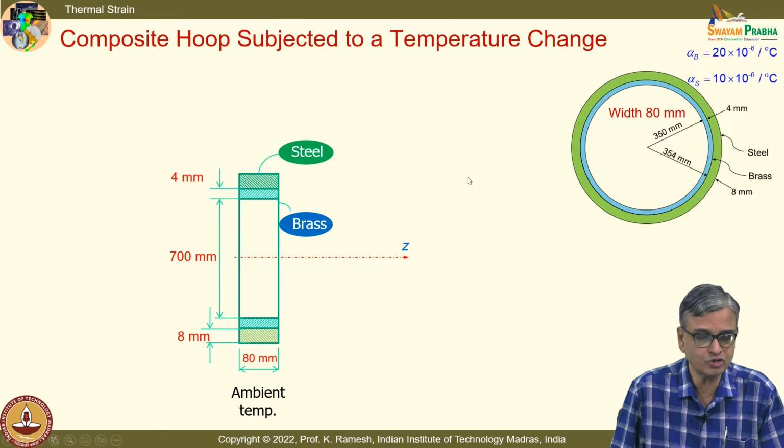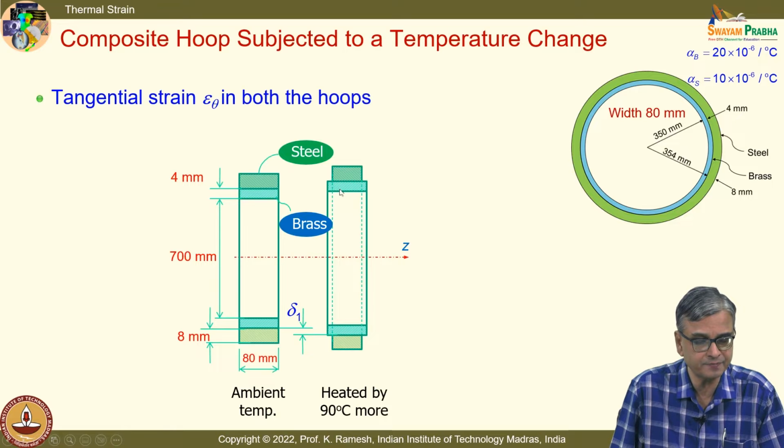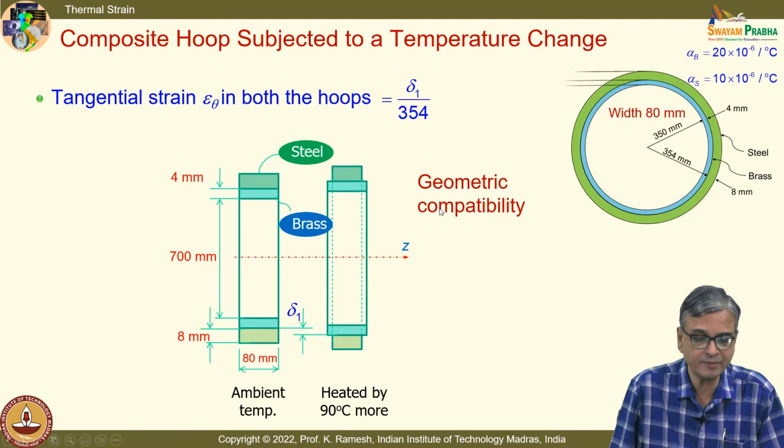And we have also looked at what happens to a hoop subjected to a temperature change, and then we brought in geometric compatibility. We said that tangential strain should be identical in the interface, and we also determined the stresses, and we have also plotted.